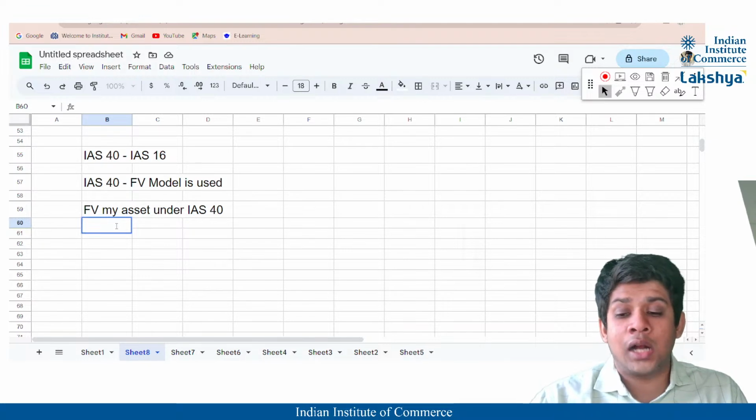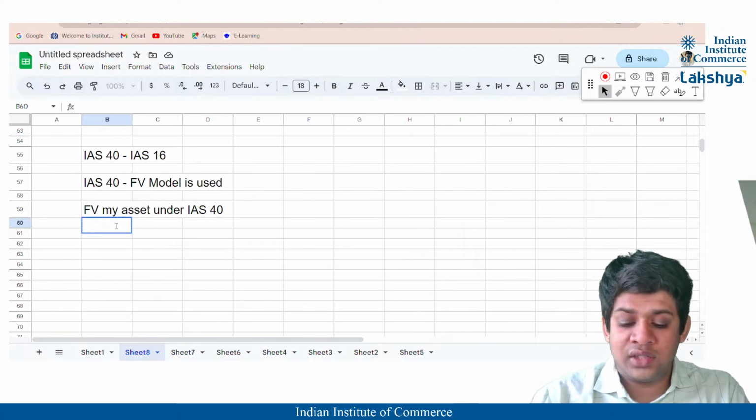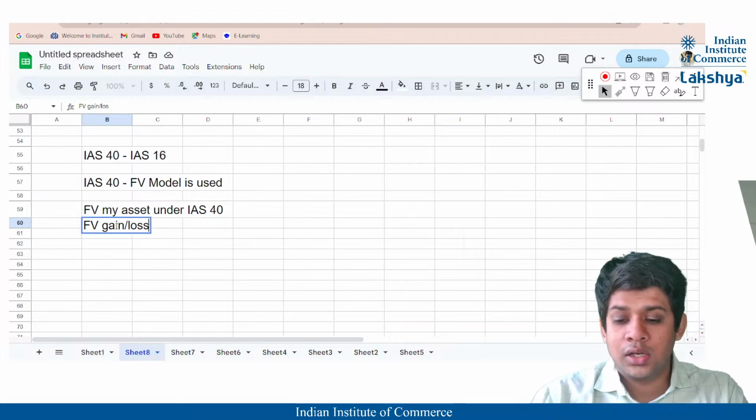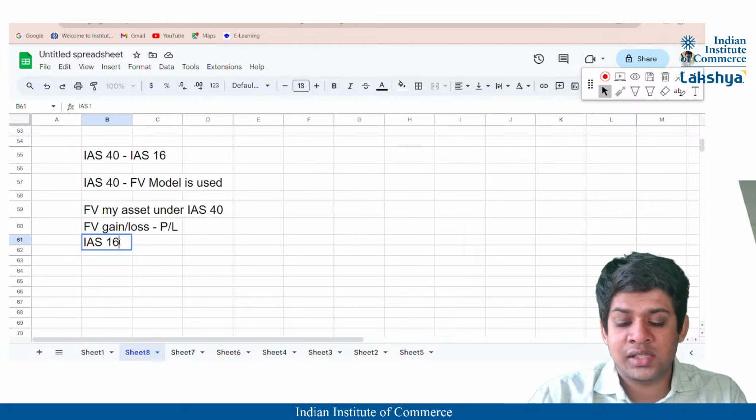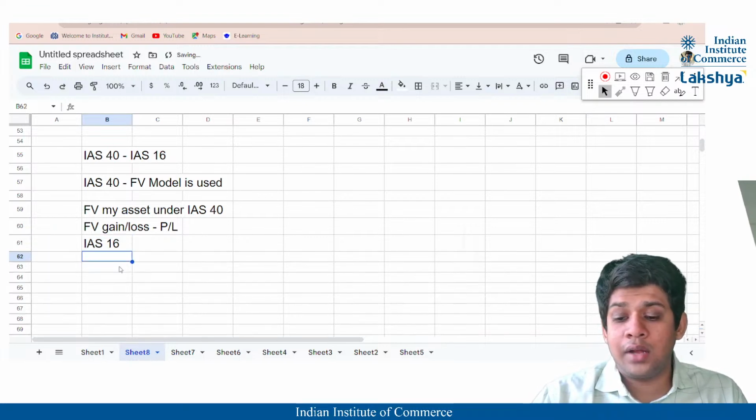If I fair value it under IAS 40, all of the fair value gain or loss will be taken to P&L directly, correct? And then that will be the new value of my asset under IAS 16, right?